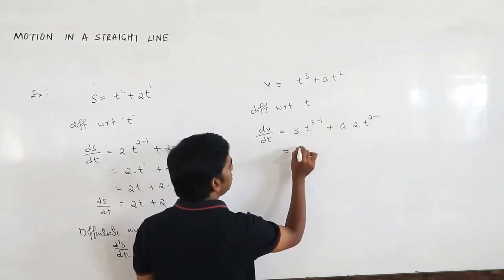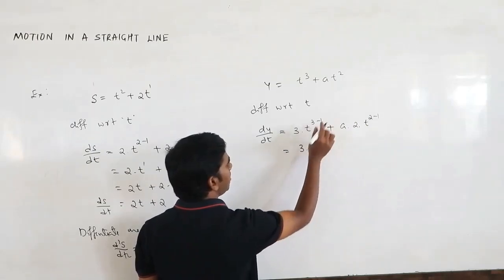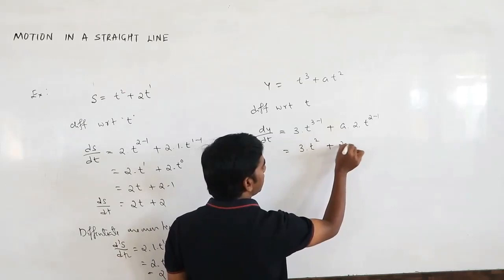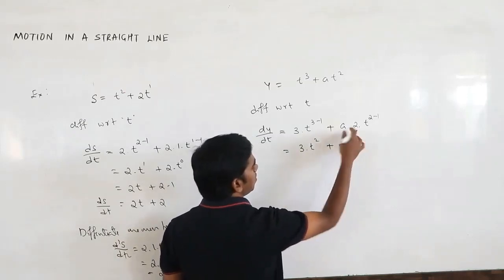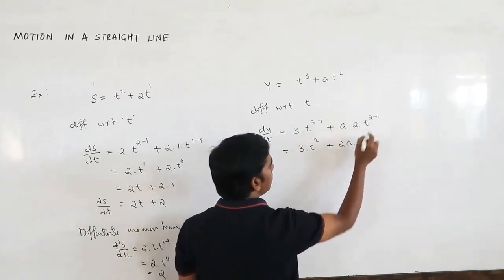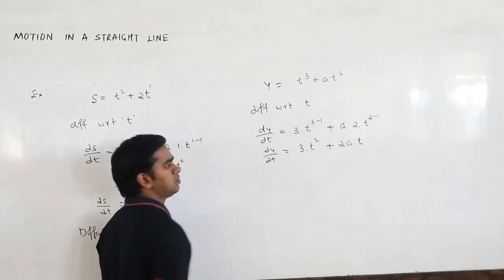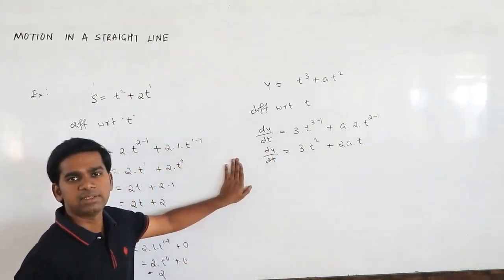So this is 3 into t, 3 minus 1 is 2, so t square, plus 2a into t, since t raised to 2 minus 1 is t. So this is dy by dt, one time differentiation.